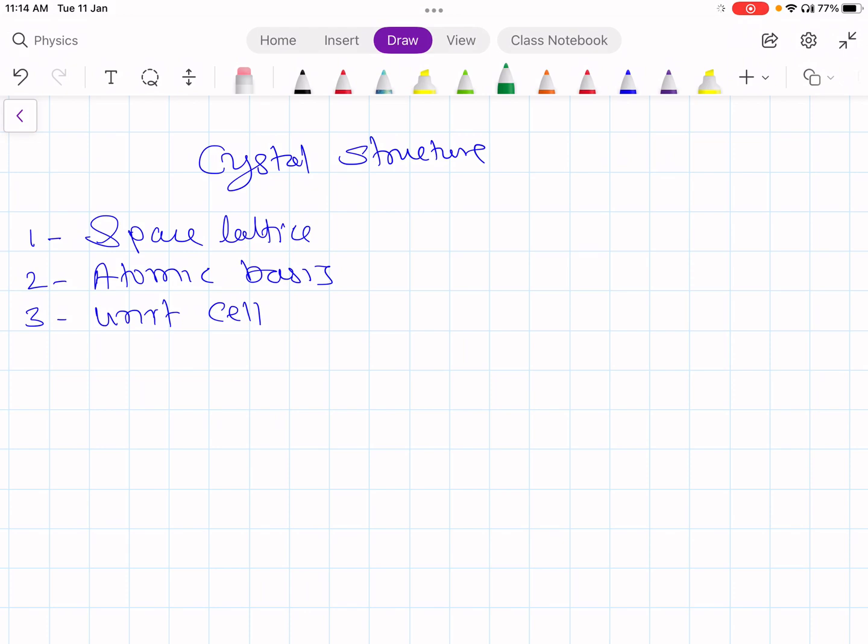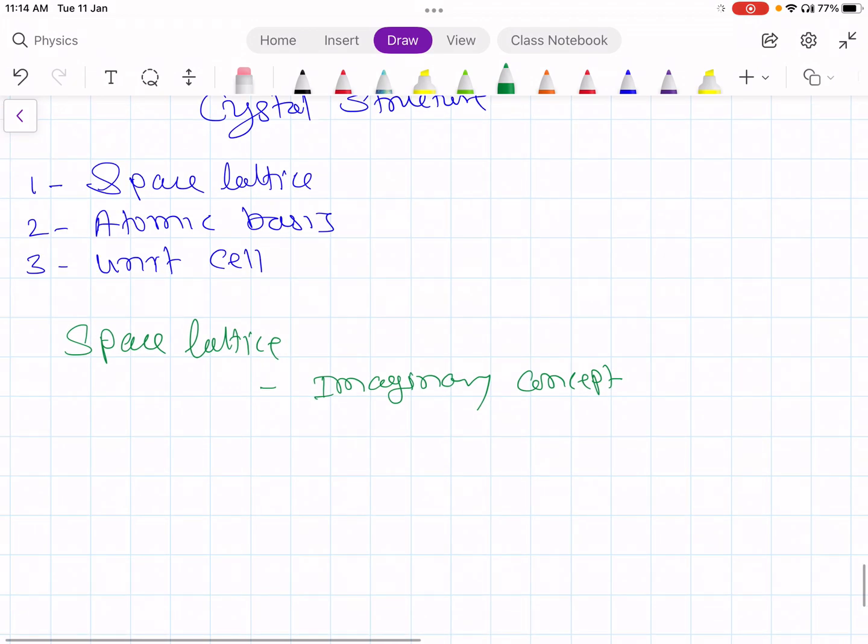The first is space lattice. Space lattice is actually an imaginary concept, but even though it is an imaginary concept, it has a definite relation with the arrangement of atoms in the crystal.